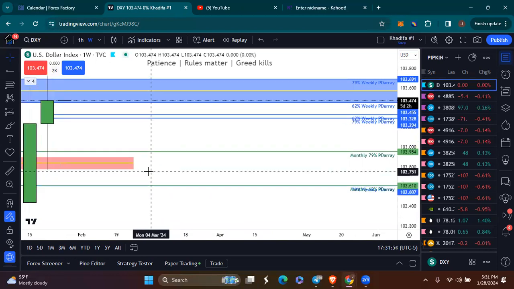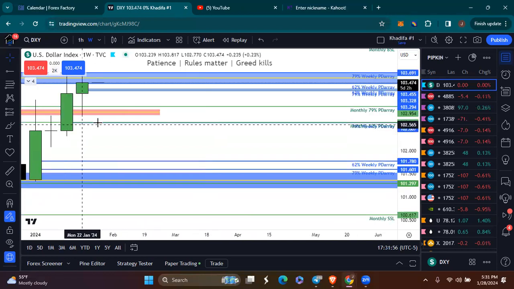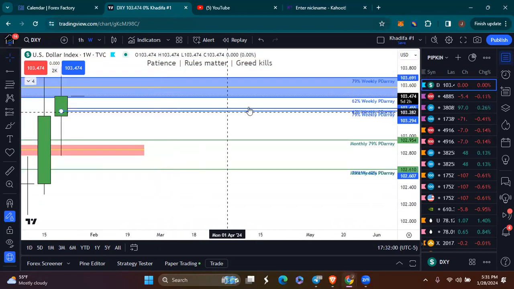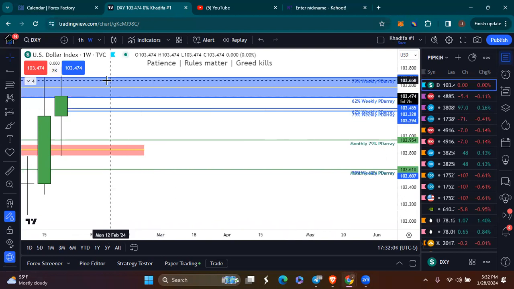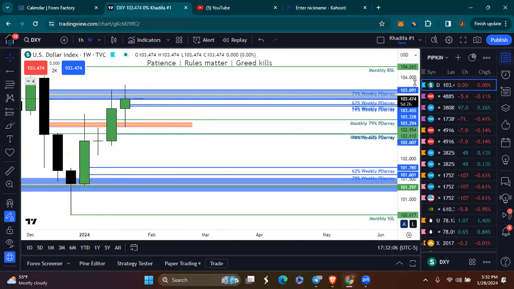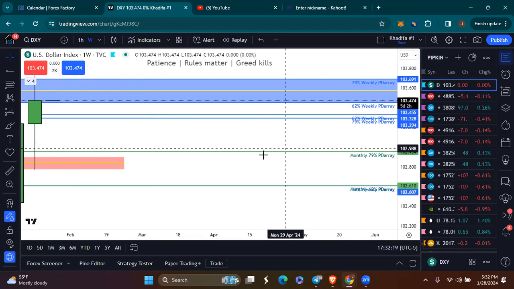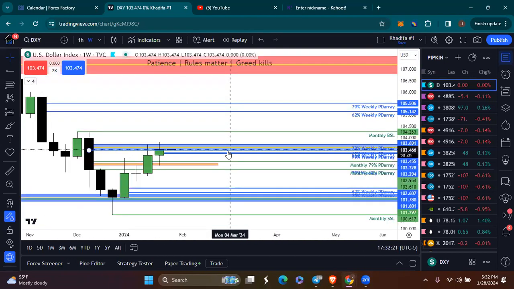The reason why I hadn't put them on there is because we're still within the weekly PD arrays that were already on the chart. But we could see the dollar pull back down into last week's discount PD array levels and continue higher, right?